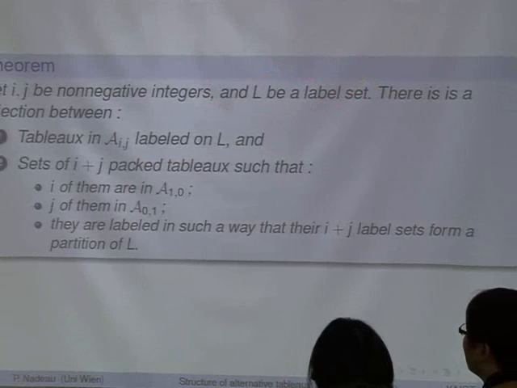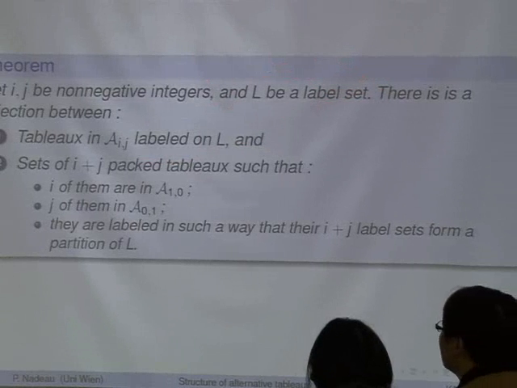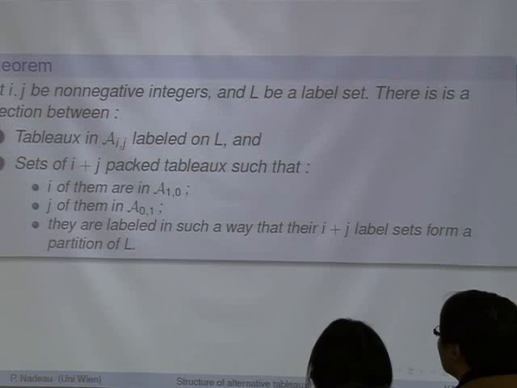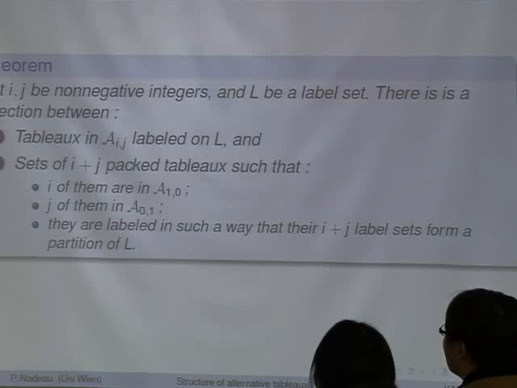L is a certain label set. You can think of it as the integers from 1 to n; it's any set of integers. Then there's a bijection between the tableaux with I free rows and j free columns which are labeled by L. That just means, as I explained, you take the integers in L and you put them along the boundary.